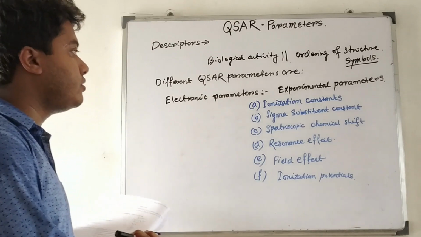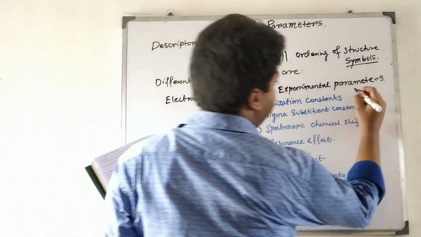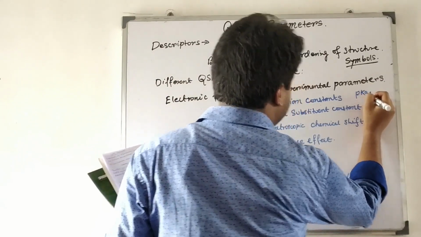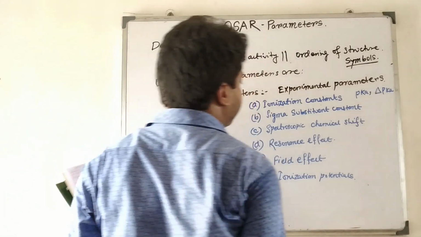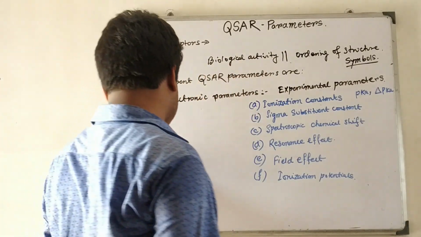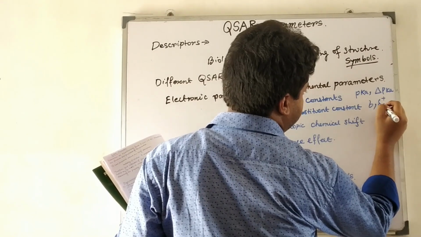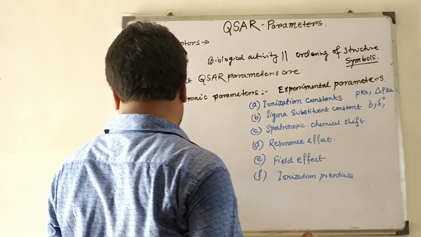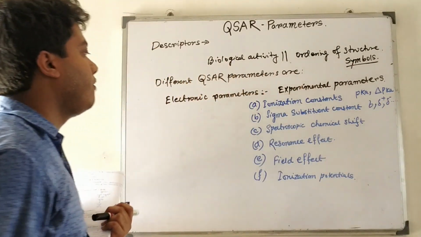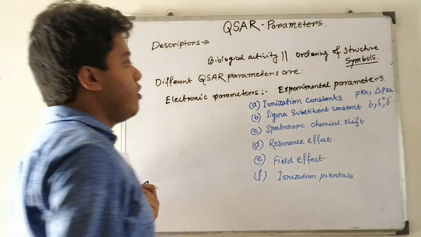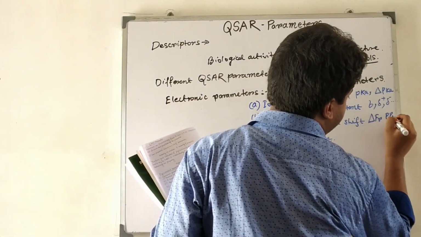The symbol we use in each of these cases is pKa for the ionization constant, pKa and delta pKa. For the sigma substituent constant, we can use sigma plus, sigma minus, etc. For spectroscopic chemical shifts, we can use delta or ppm.